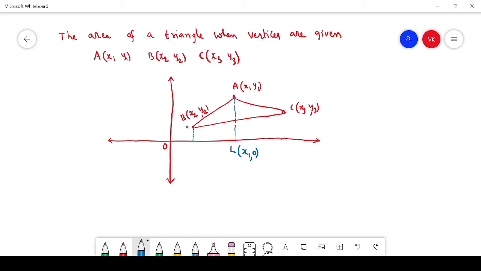Take the projection of B on the x-axis as M; on the x-axis there is no y, that's why the y coordinate is 0. Take N as the projection of C on the x-axis, with coordinates x3, 0.